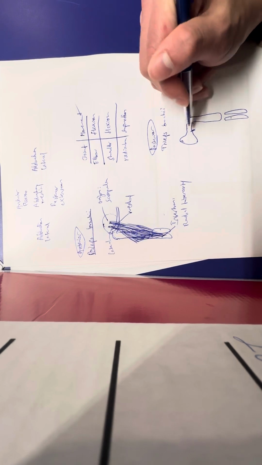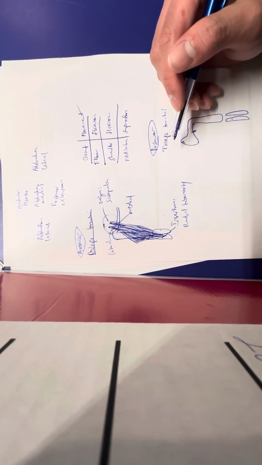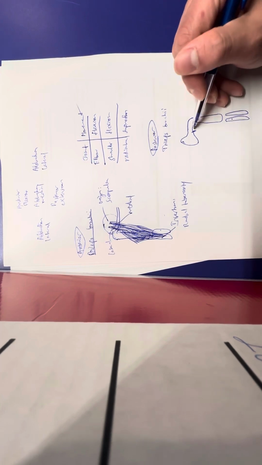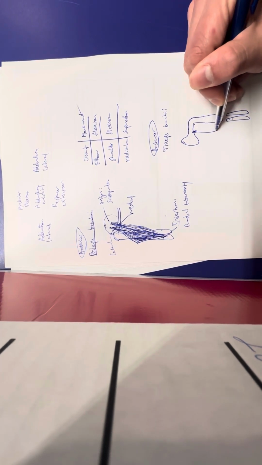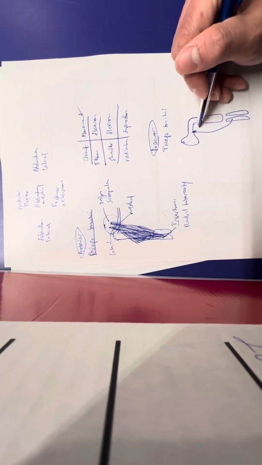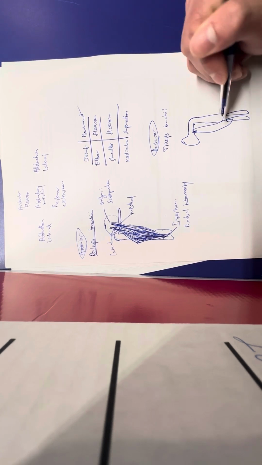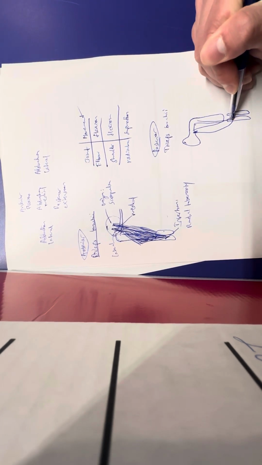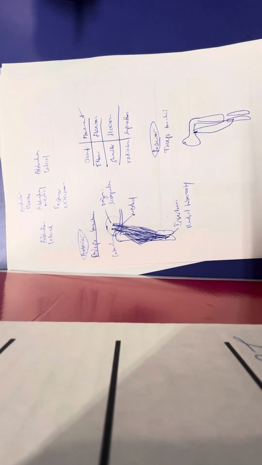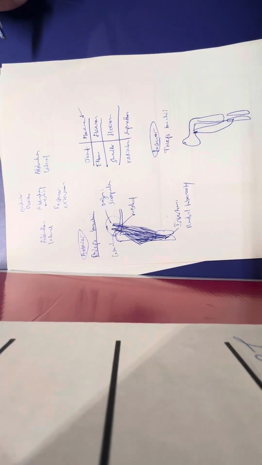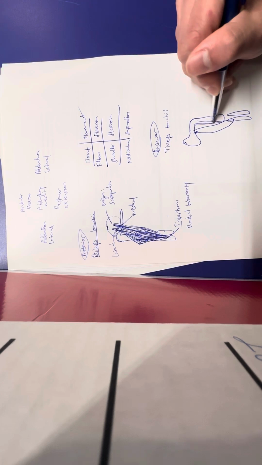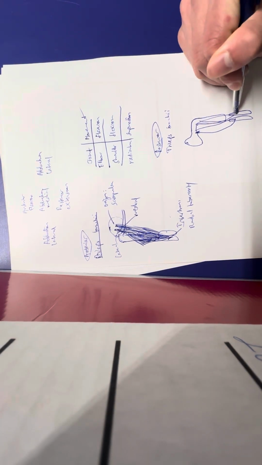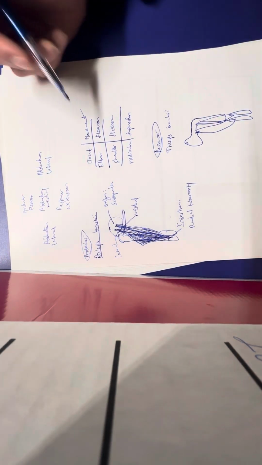The first one's attached from here, and it goes all the way down to around somewhere here. So just draw that right here. Head here, and you've got one here, and basically another one here. And then you've got the guy in the middle.